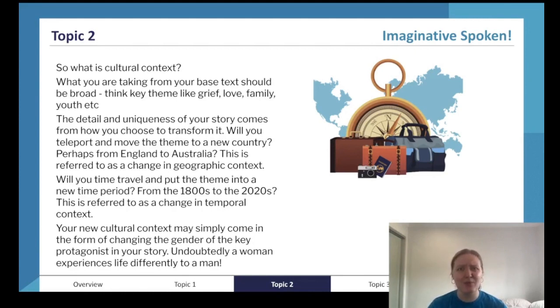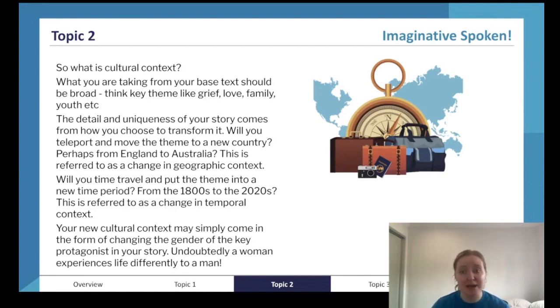Even just thinking about weather. Think about what the weather is like in Queensland versus what the weather is like in London. It's very wet and grey over there, and it's almost pretty much perpetually sunny here in Queensland. So that changes the way that people are, the way that they see the world. So geography can make a huge difference.